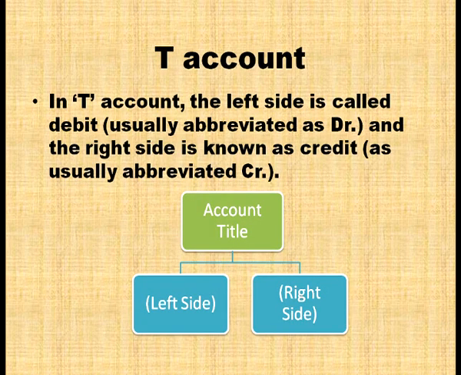What will be the format of the account? We should know that. We have a T formatted account. Left hand side is called debit and abbreviated as Dr. And right hand side, you will indicate that as Cr. That means it is the credit side.